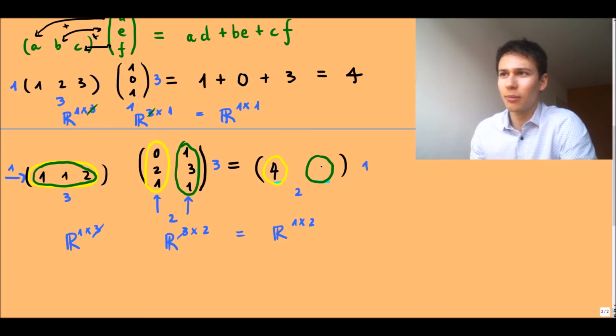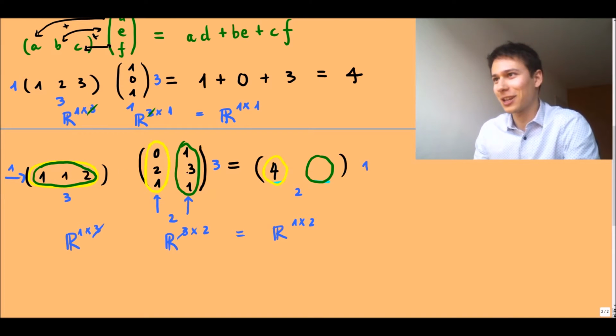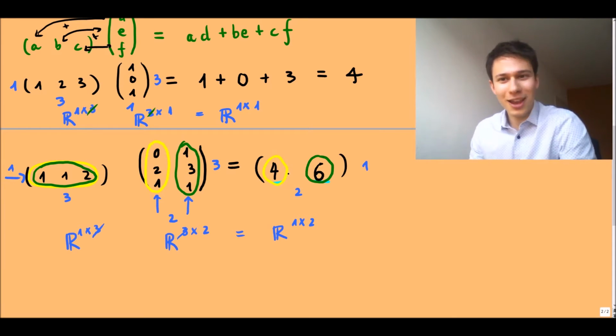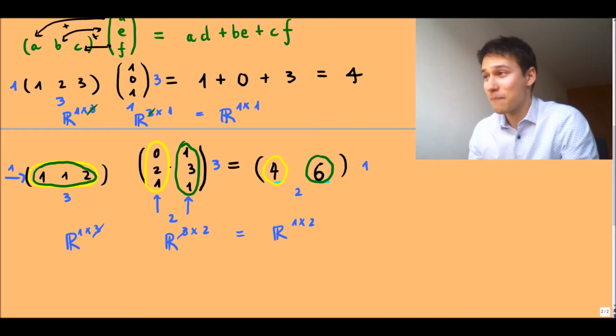And for the second number in the matrix we would have 1 times 1 gives us 1, plus 1 times 3 plus 2. So we have a 6, which should be standing here. So we have already our first example of a more complicated matrix.